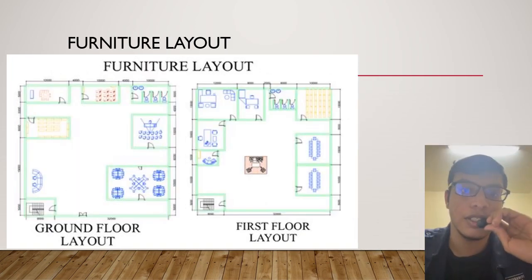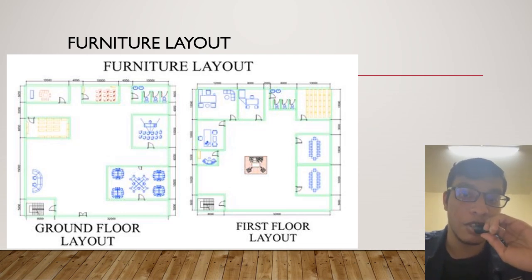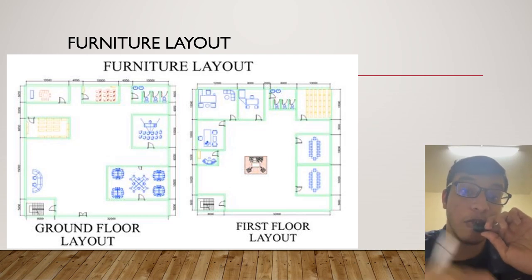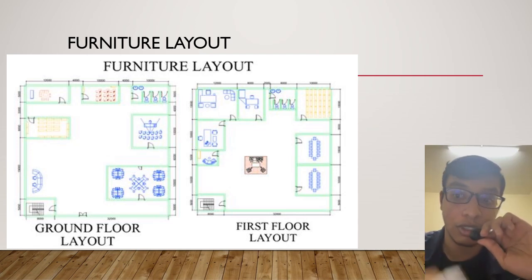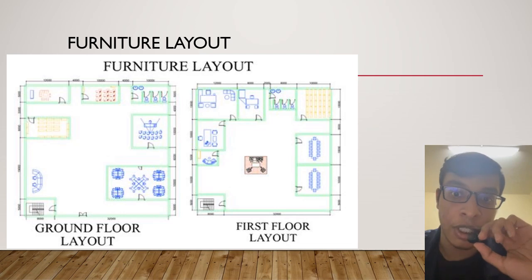Okay, let's see the next, the furniture layout. We will show what kind of furniture has been located on each floor, the ground floor layout and the first floor layout also. For the ground floor layout we can see for the file room we have shelves and reception tables, and for the admin area we have tables for the admins.